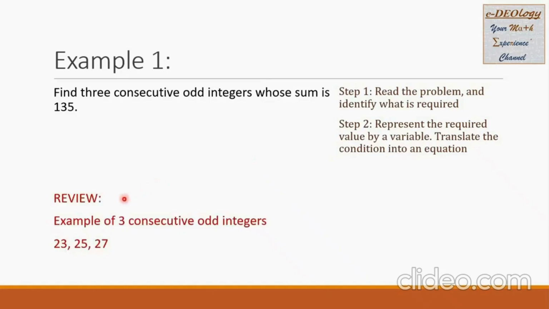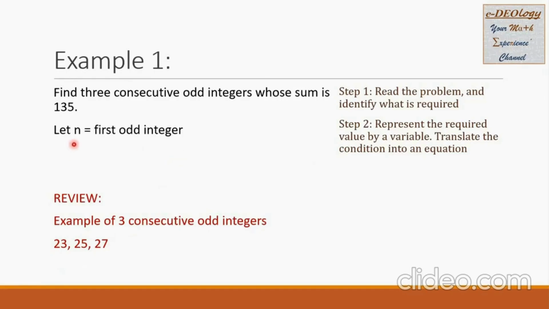Before I proceed, let us review. There is an example here of 3 consecutive odd integers: 23, 25, and 27. Let us go now to represent the required value by a variable.